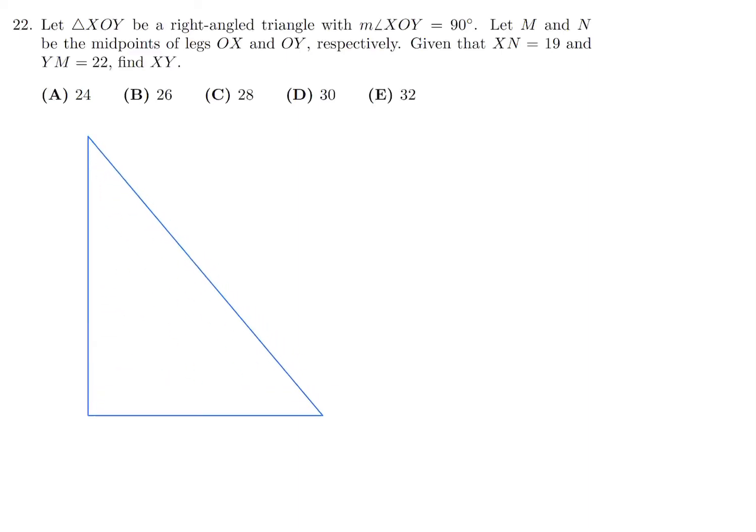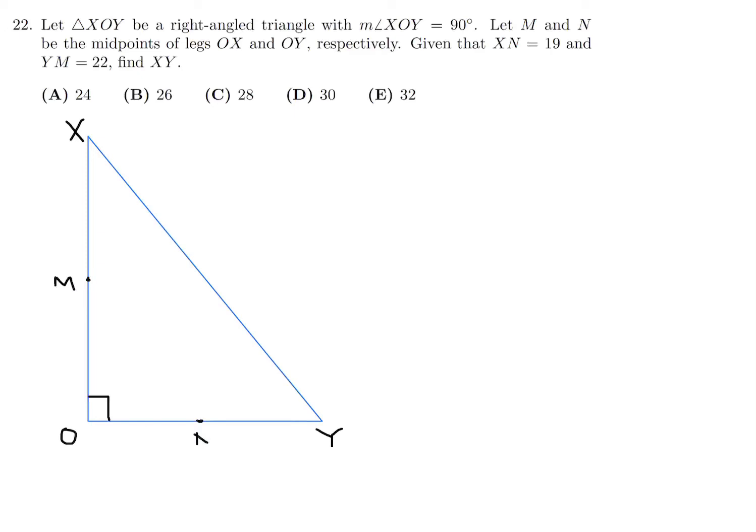Here we go. Here's a nice right angle triangle, and we have to label it X, O, Y, and angle XOY is 90 degrees. Let M and N be the midpoints of OX and OY respectively. So M will be approximately here, it's the midpoint, and N will be approximately here, the midpoint of OY.